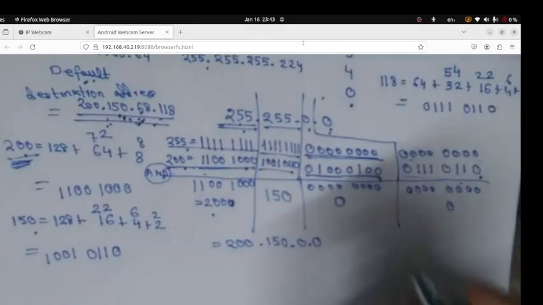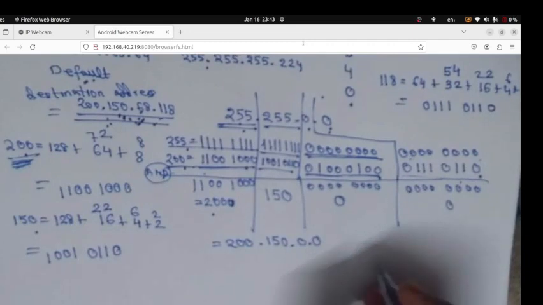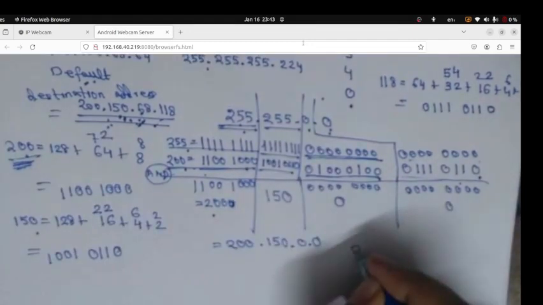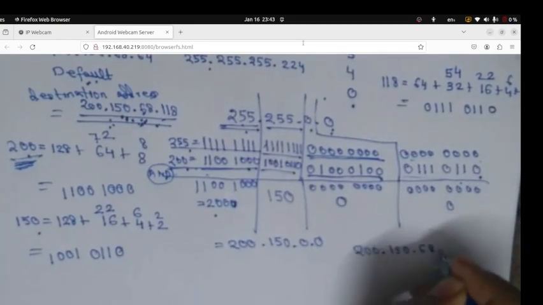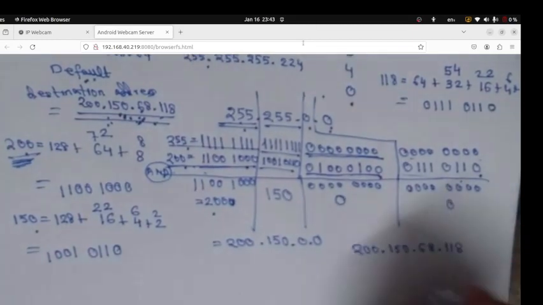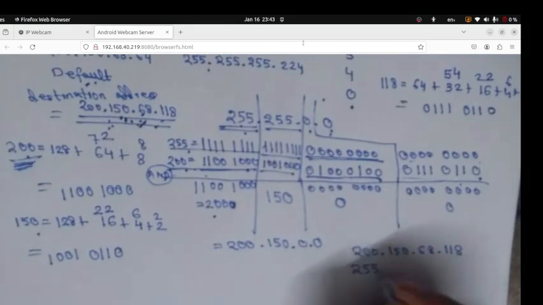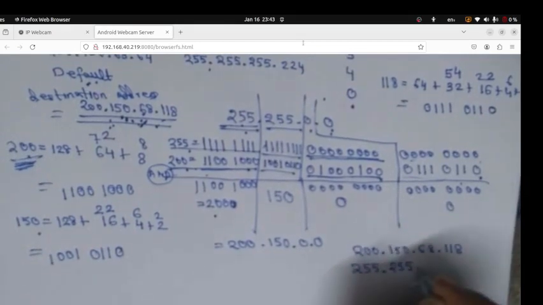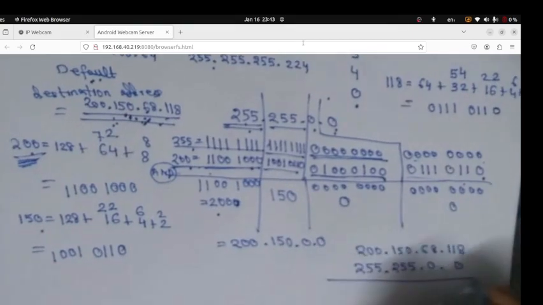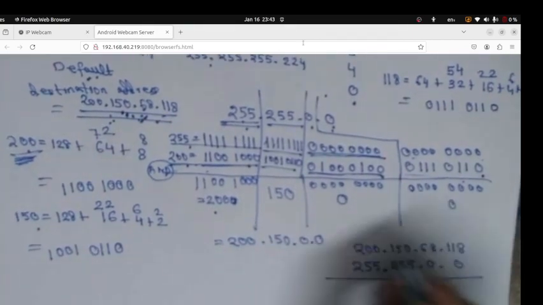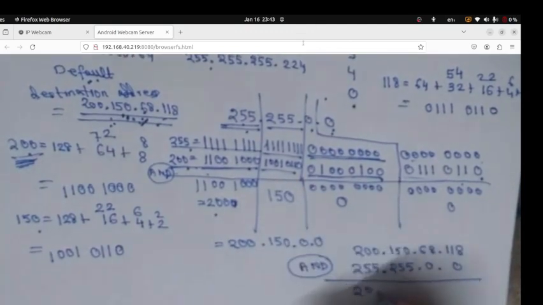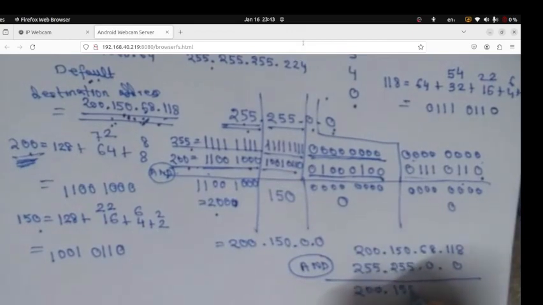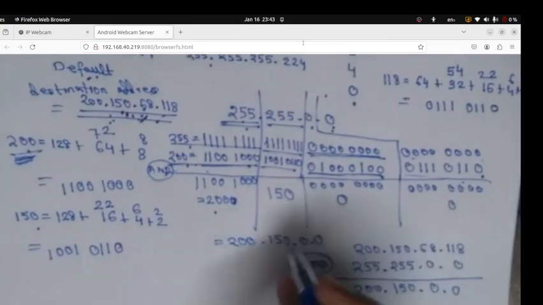That means if we do the bitwise AND operation between the destination address 200.150.68.118 and the mask 255.255.0.0, converting both into 32-bit binary, then the result will be 200.150.0.0.